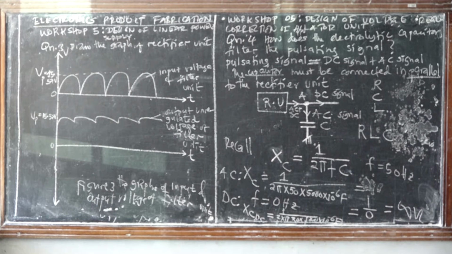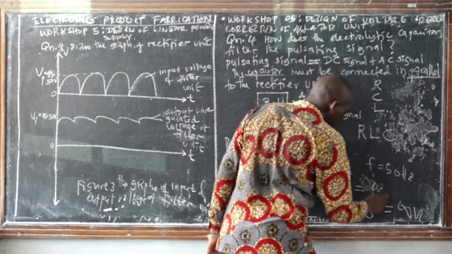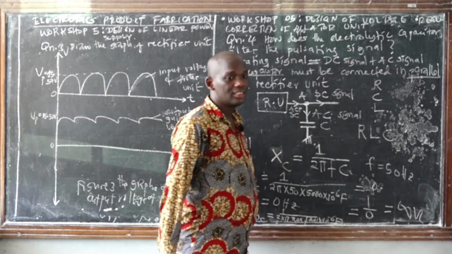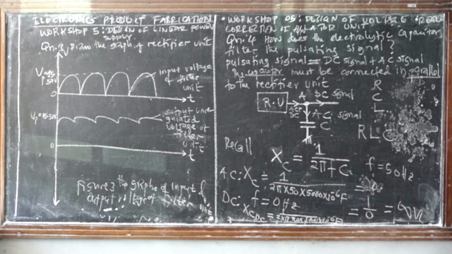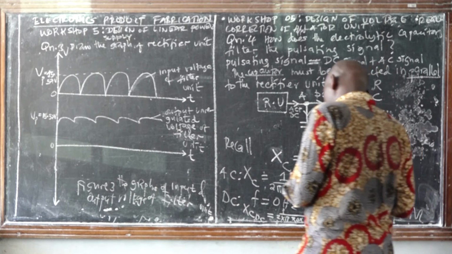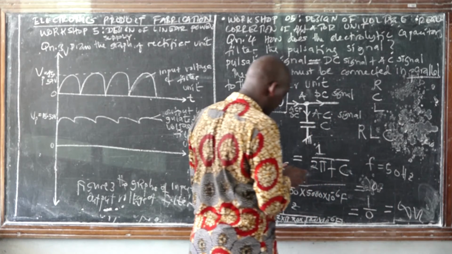Ohms. If you calculate this one, what do you get? 0.6 ohms. 31? I have very interesting students in this class. So this guy has got 0.636.